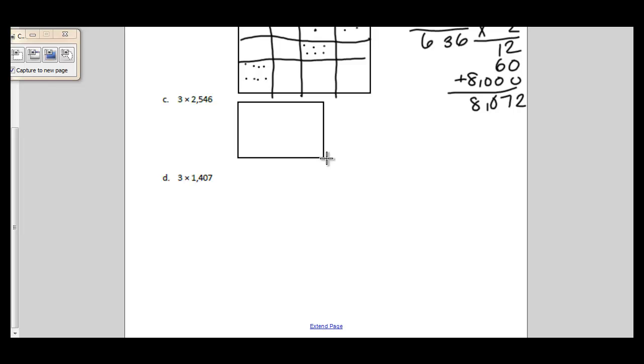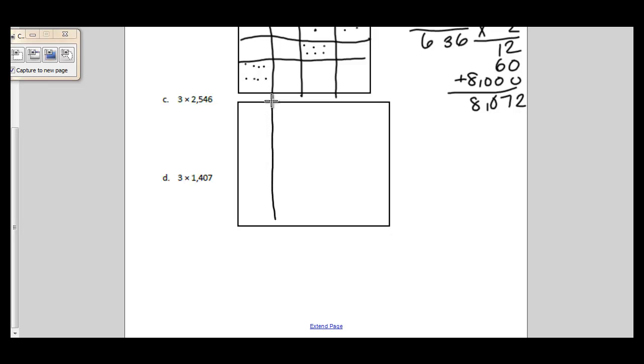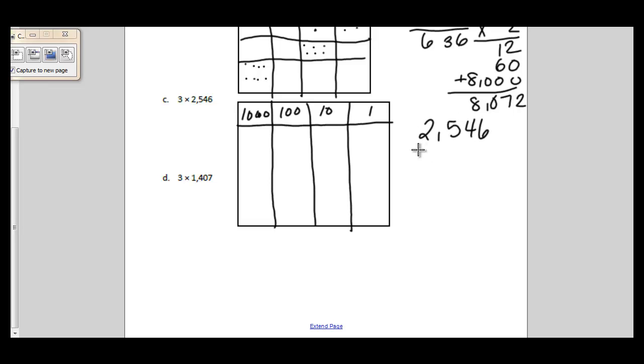Hopefully your drawing, you can make yours a little bit smaller than mine. Columns here. 2,046 times 3.